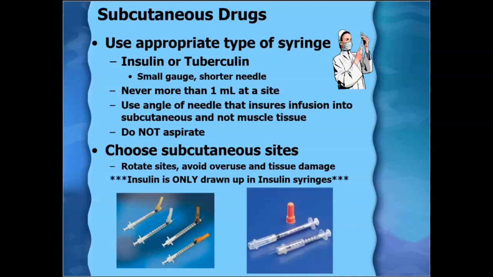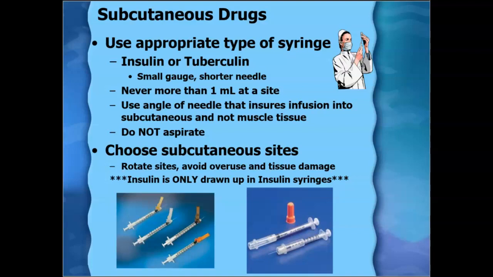And you want to use the angle that ensures infusion into the subcutaneous tissue, not muscle tissue. So make sure you're using the right size needle, right? And again, you never want to aspirate, right? You got to definitely rotate sites because if you don't rotate sites, you'll get scar tissue, which isn't good, right? So rotate sites, avoid overuse of those sites and damaging that tissue.